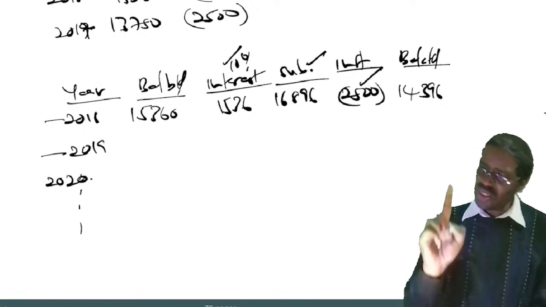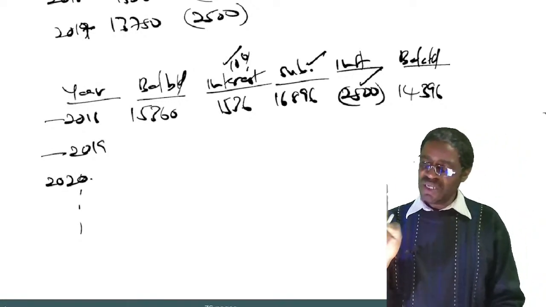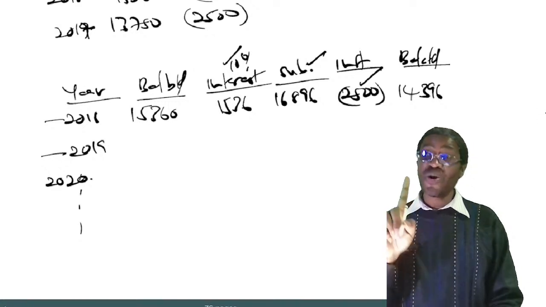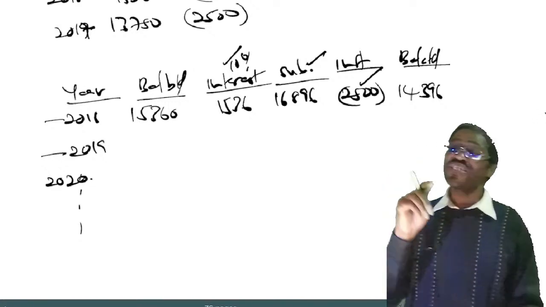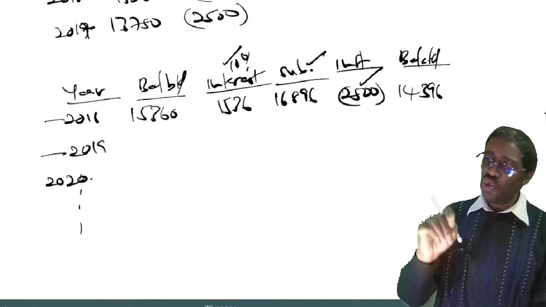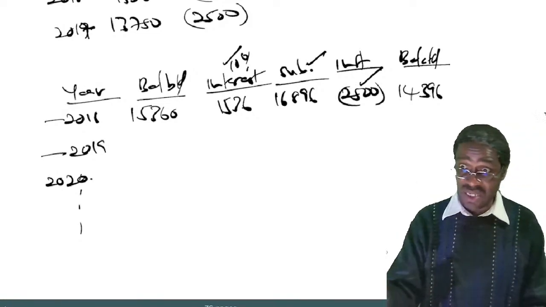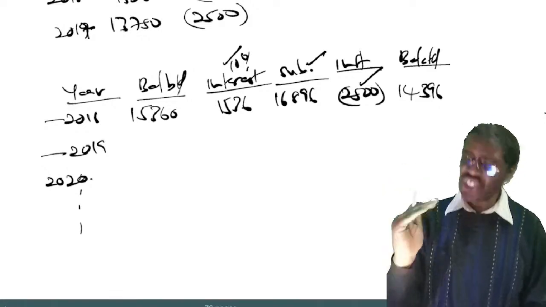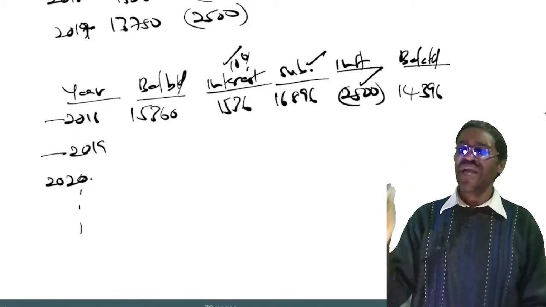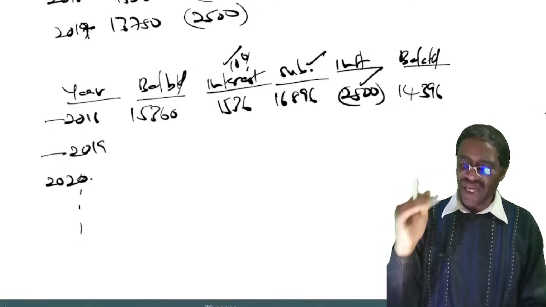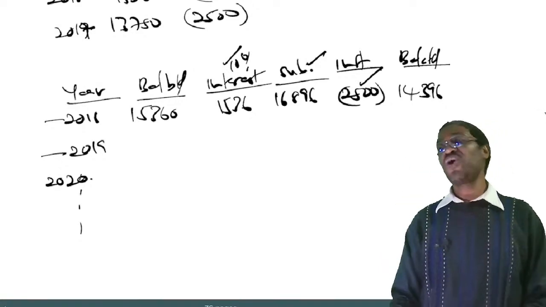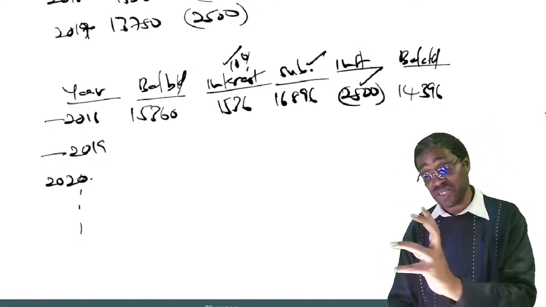Though the question is asking you to prepare the financial statements for 2018 and 2019, you will need the data for the 3rd year. And especially so, listen, especially so where you are paying your installments in arrears.